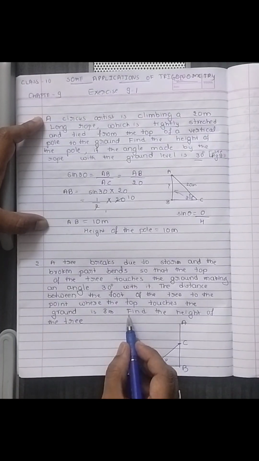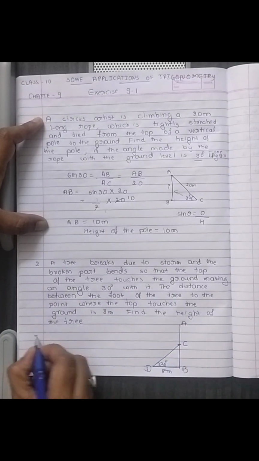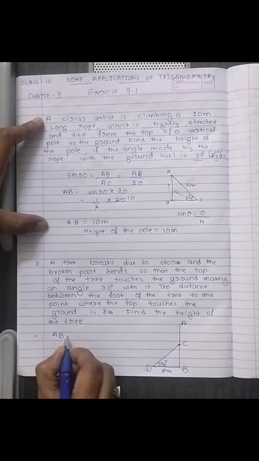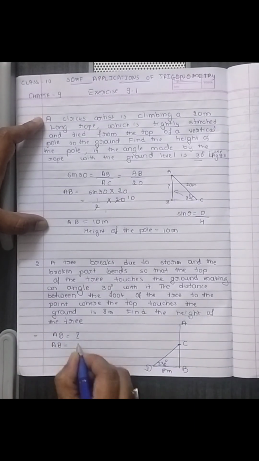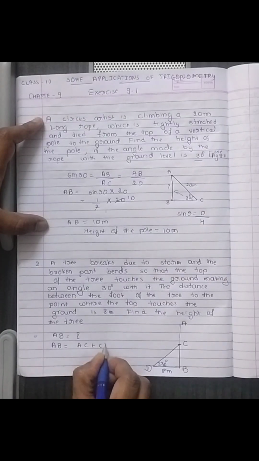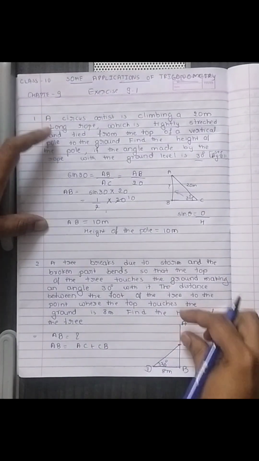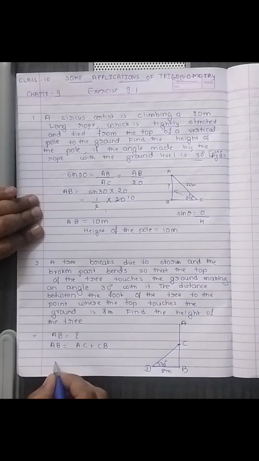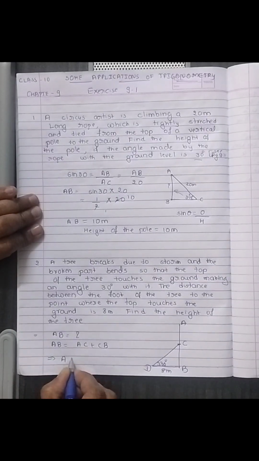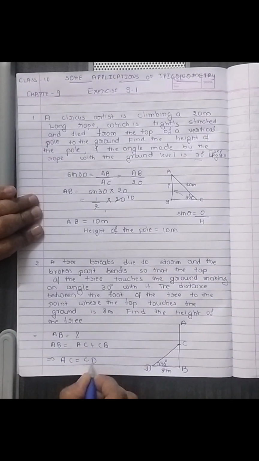What we have to find out is the height of the tree, so we have to find AB. AB is nothing but AC plus CB. And the broken part that is touching the ground indicates AC is equal to CD.